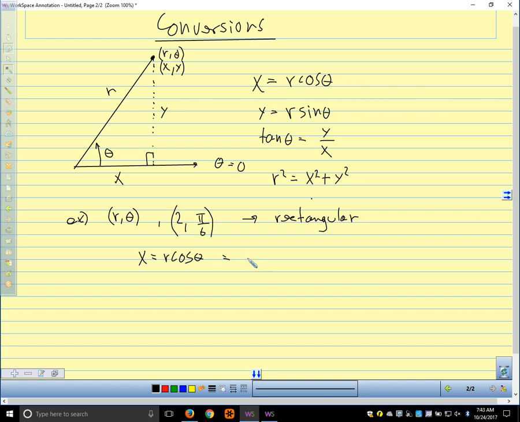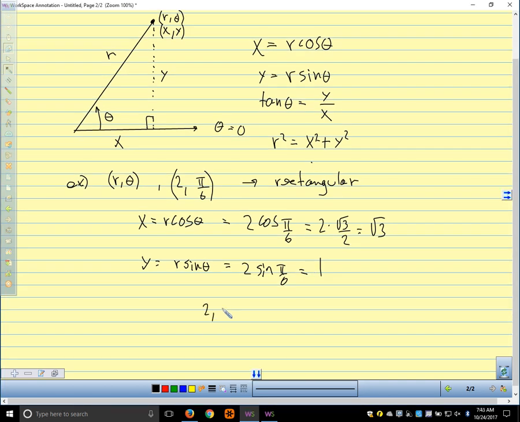So that's just going to be 2 cosine pi over 6, and cosine of pi over 6 is square root of 3 over 2, so x is just square root of 3. And y equals r sine theta, so 2 sine pi over 6, which is 1. So we have that (2, pi over 6) is equal to (square root of 3, 1).